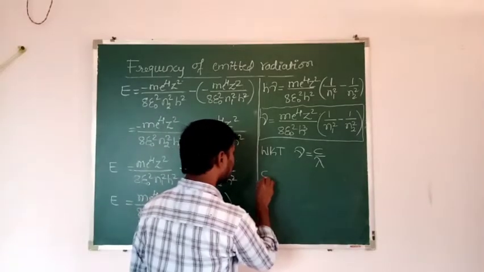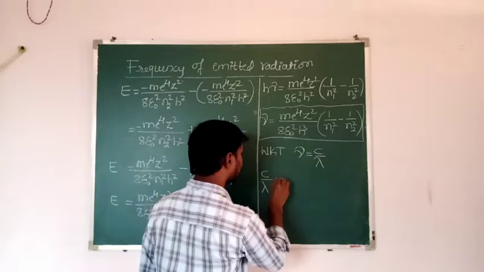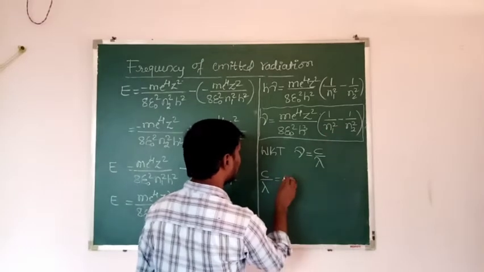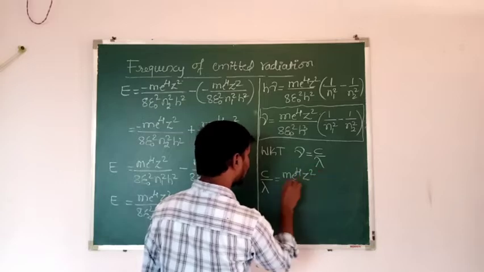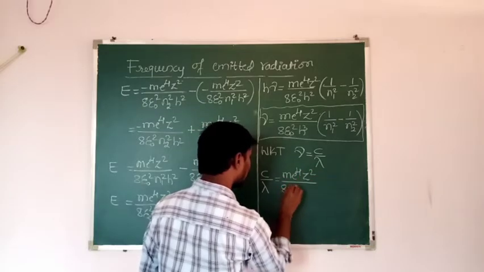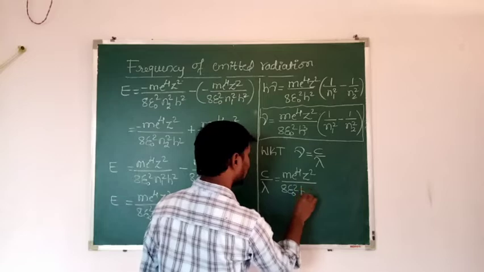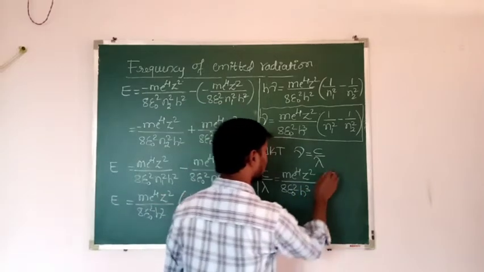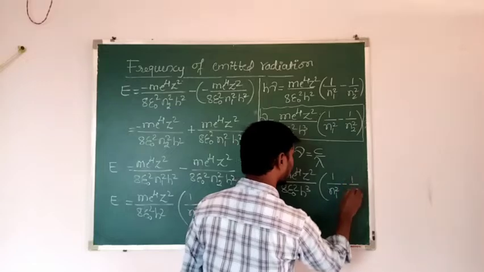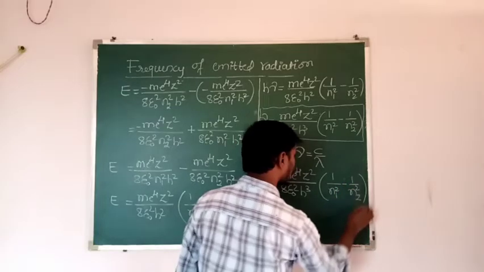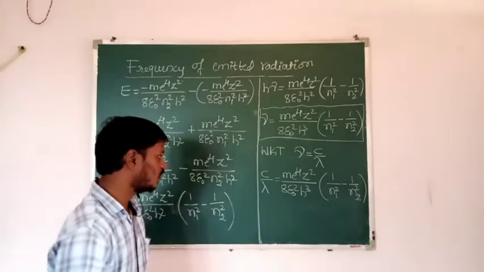Then c by lambda is equal to m into e raised to 4 into z square divided by 8 epsilon naught square into h cube into 1 by n1 square minus 1 by n2 square.